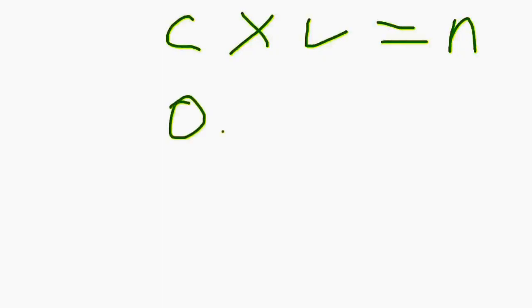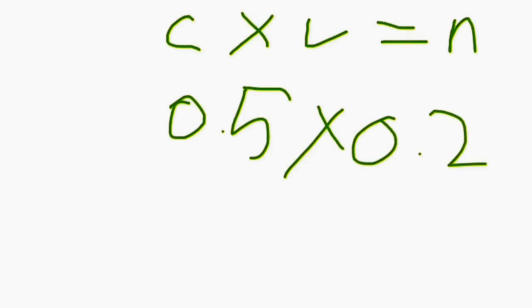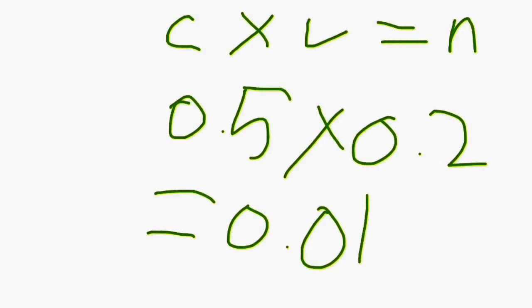So with the calculations we did to 20 and 25, we now can do 0.5 times 0.02, which will give us 0.01 moles.